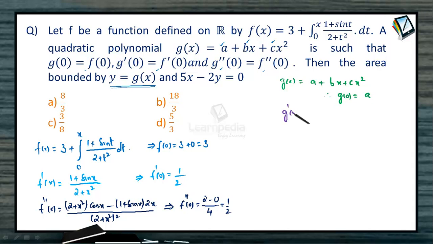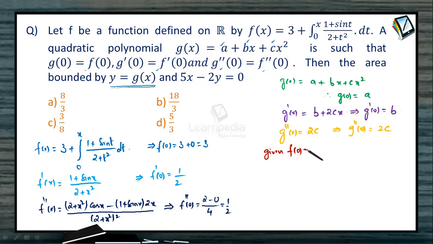Similarly, what is g dash x? G dash x is the derivative of a plus bx plus cx square, that is b plus 2cx. Once we have g dash x, can we identify g dash 0? Yes. This term becomes 0, remaining is b. Now what is g double dash x? The second derivative is 2c, which is a constant. So therefore, g double dash 0 would also be 2c, right?